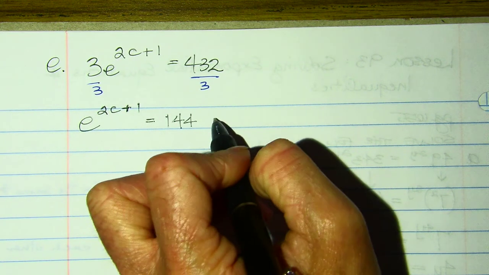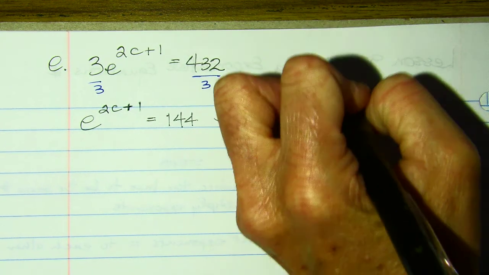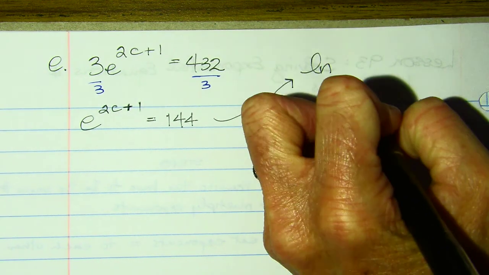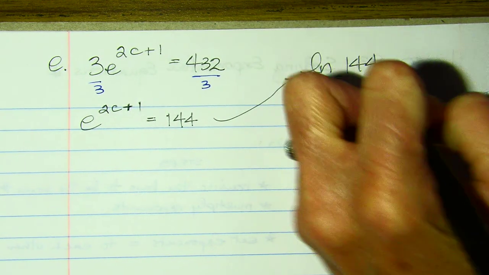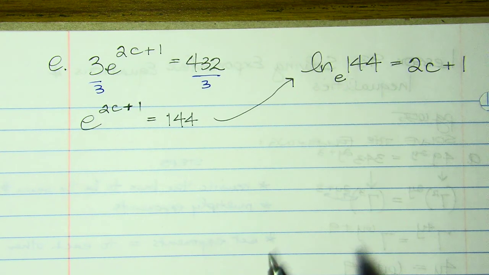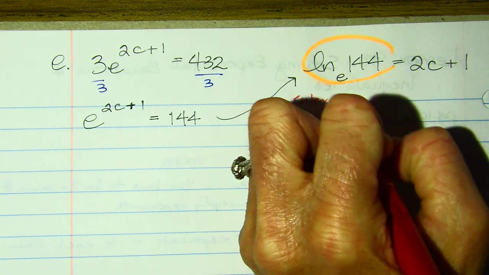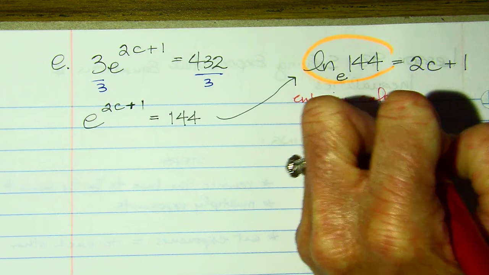Now I can write it into log form, but when I have e, I have to use ln, base e, of the answer equals 2c plus 1. Now, this right here, we can enter in the calculator.